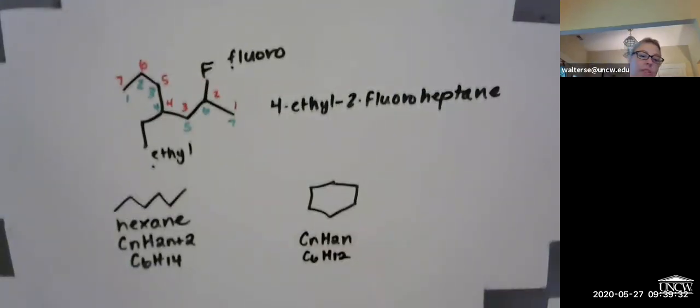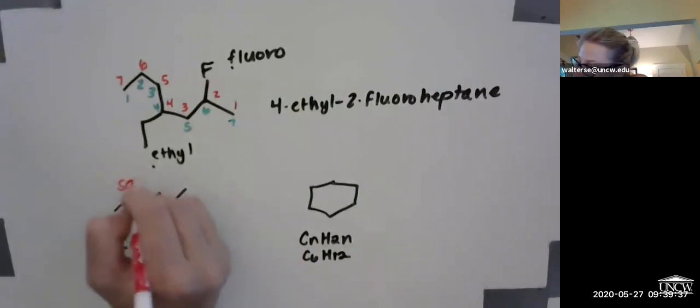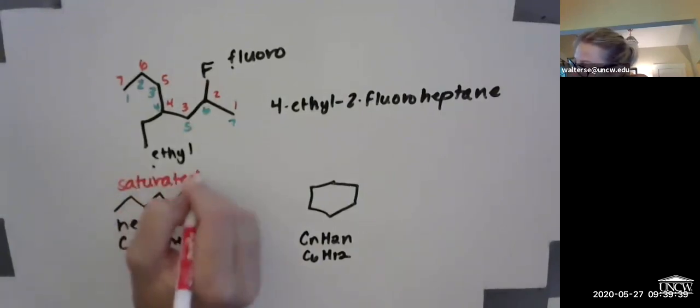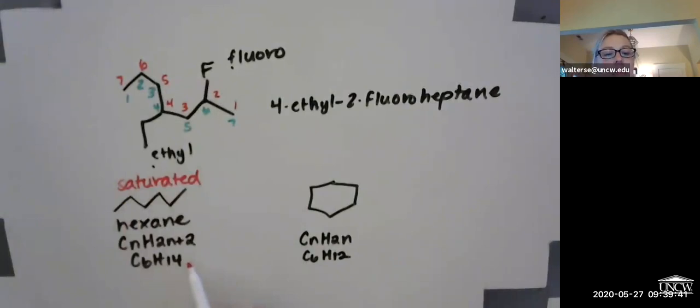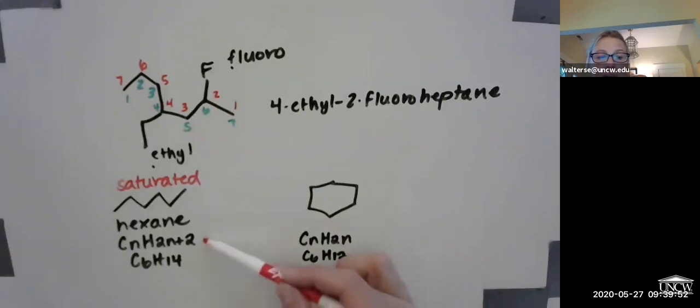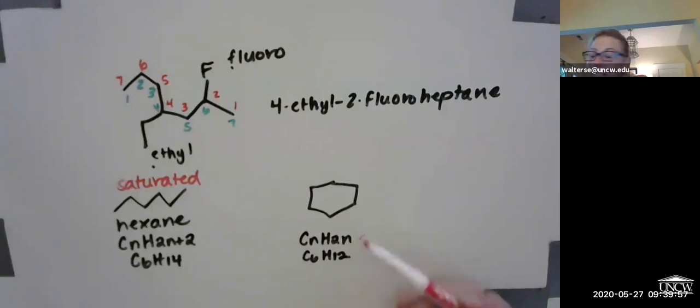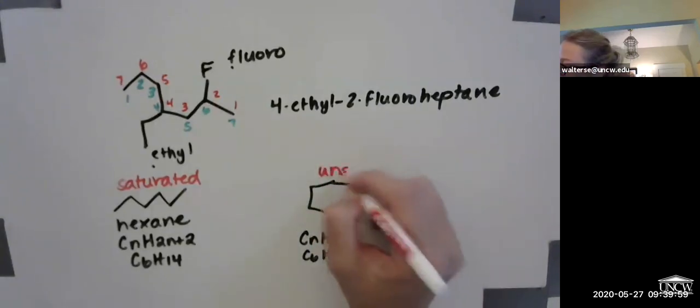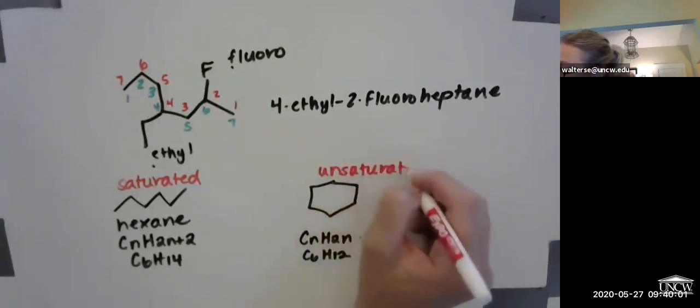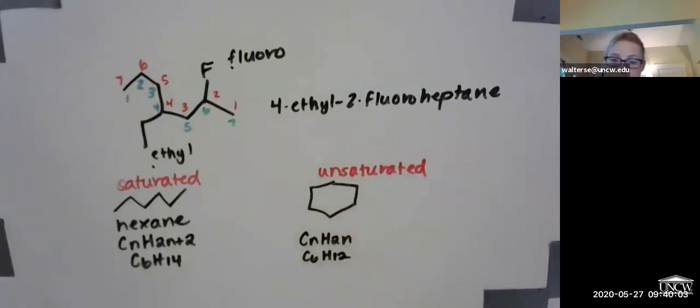When they're linear, they're saturated, all the carbons are full with the maximum number of hydrogens possible based on the number of carbons. This molecule does not follow this mathematic rule. So this compound is not saturated, so you call that unsaturated.